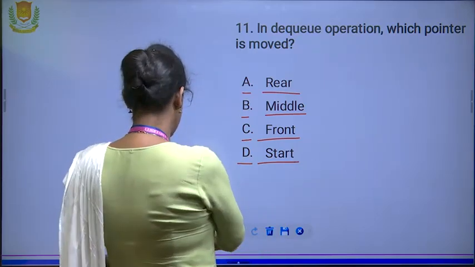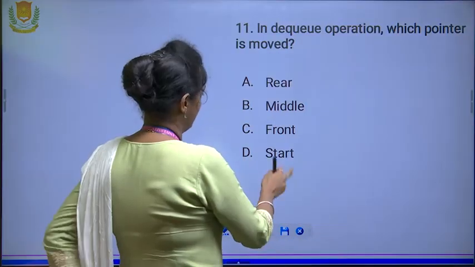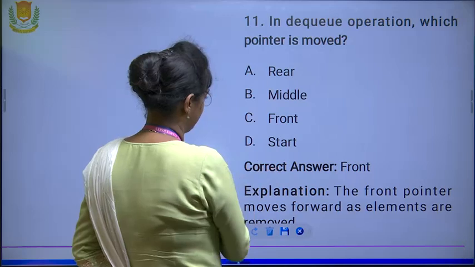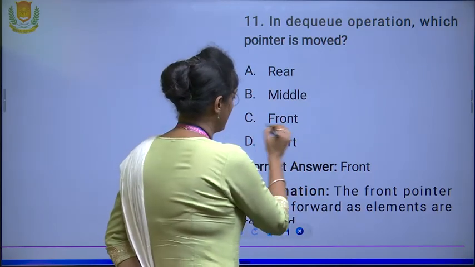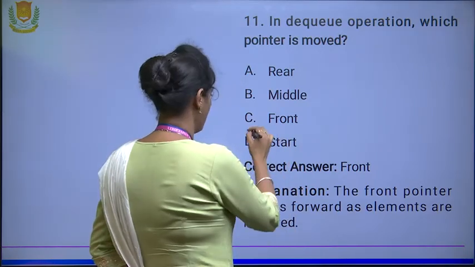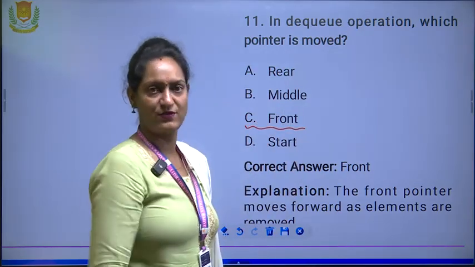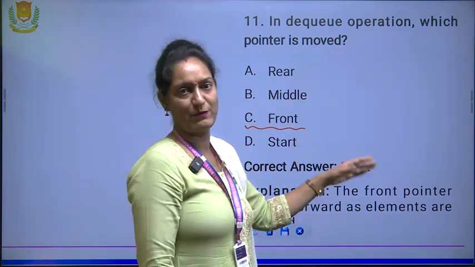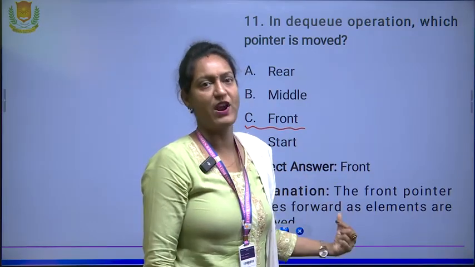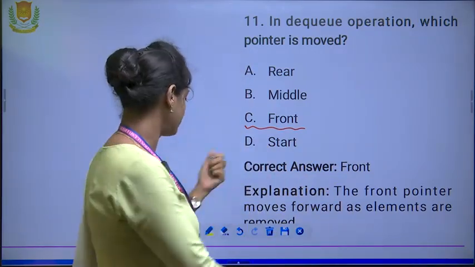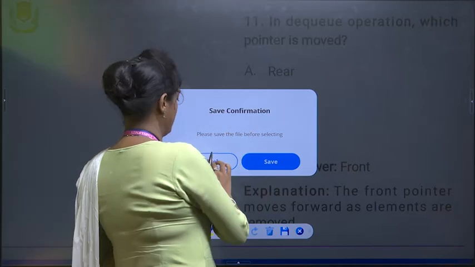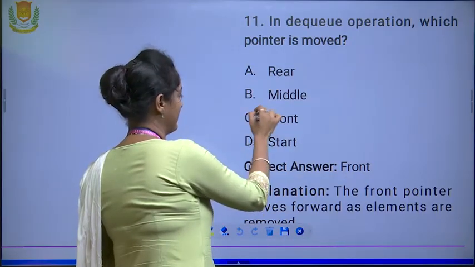And the correct answer is front, option C. If you want to delete an element, the element should be deleted from the front side, right? So option C is the correct answer.